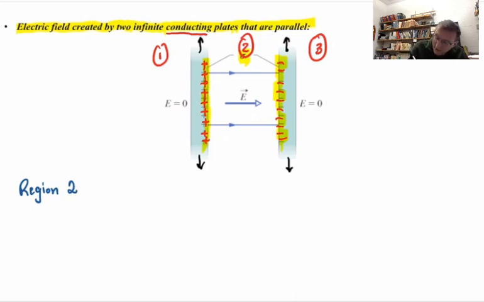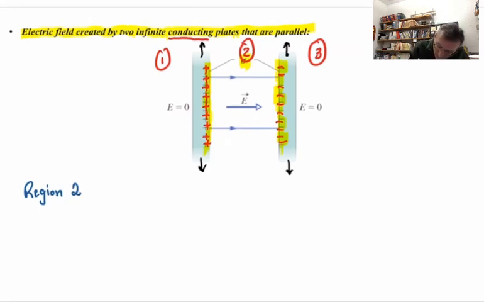So what I've got, I'm just going to draw the charges, is a positive planar charge distribution that goes up and down and in and out of the screen, and a negative planar charge distribution of equal amount, but negative, that goes up and down and in and out of the screen. And let's look in this middle region, and let's write down the formula for the electric field that each distribution causes. Look at the positive charge first.